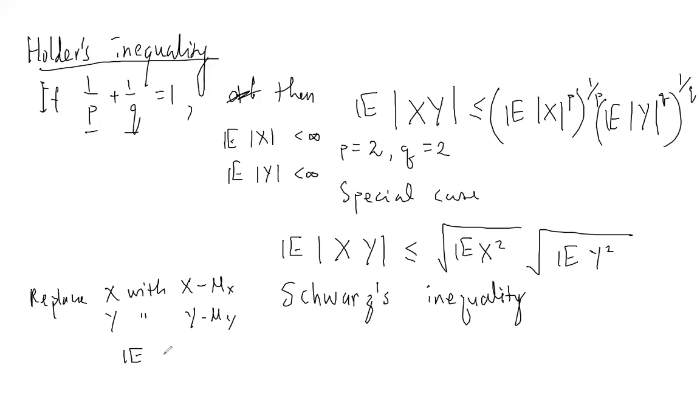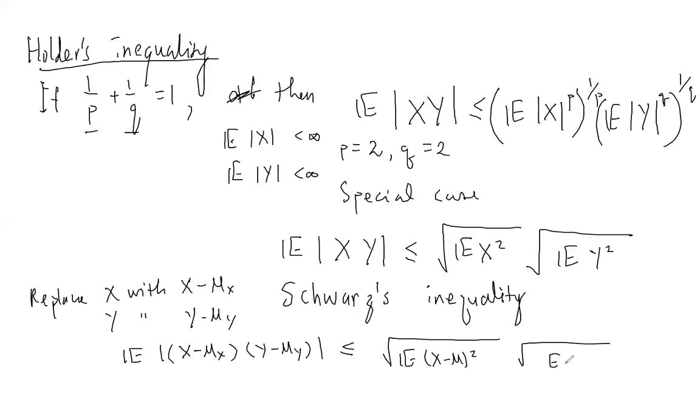You get the expectation of (x minus mu x)(y minus mu y) bounded by the square root of the expectation of (x minus mu x) squared, times the same for y. So this is basically your variance of x, and this is your variance of y.